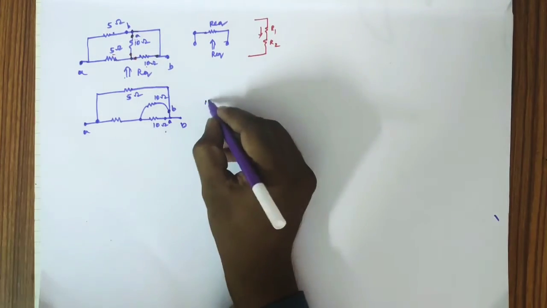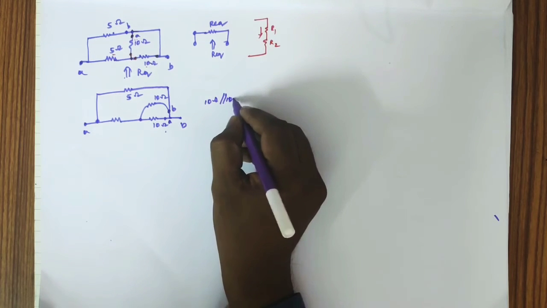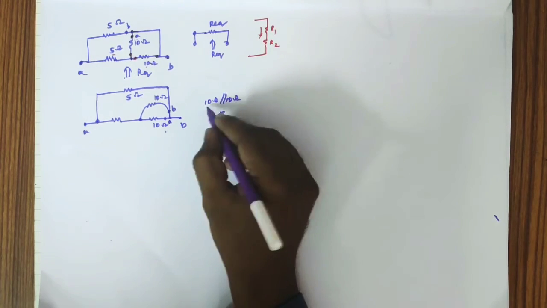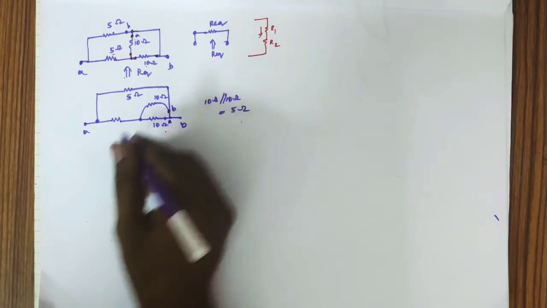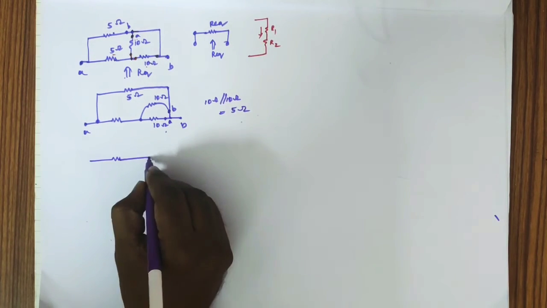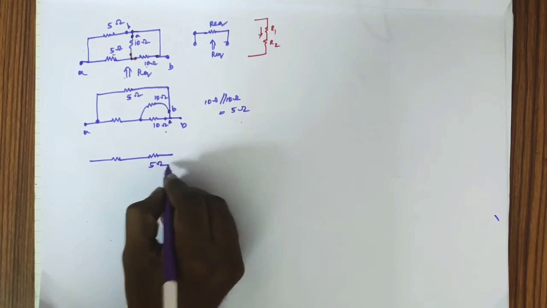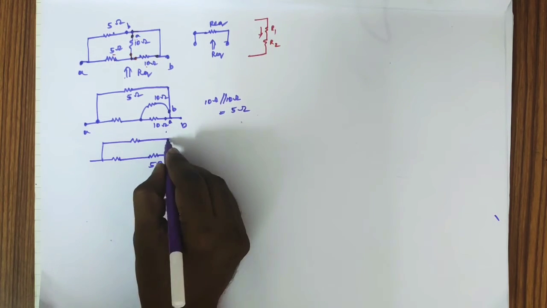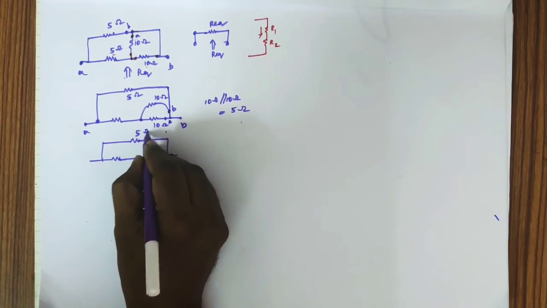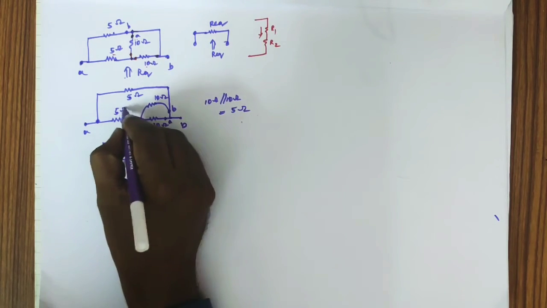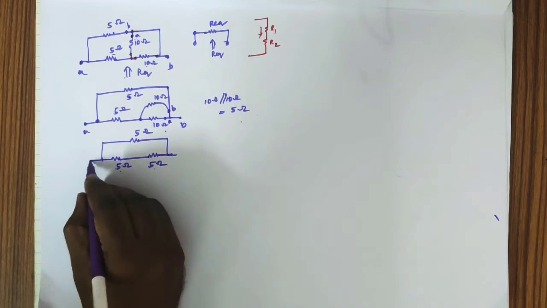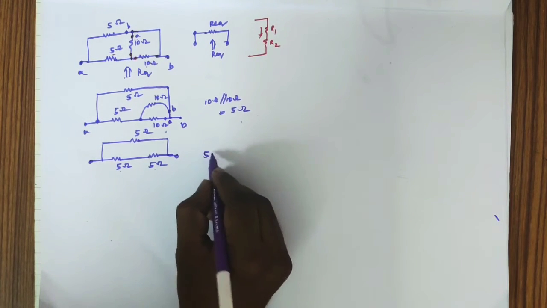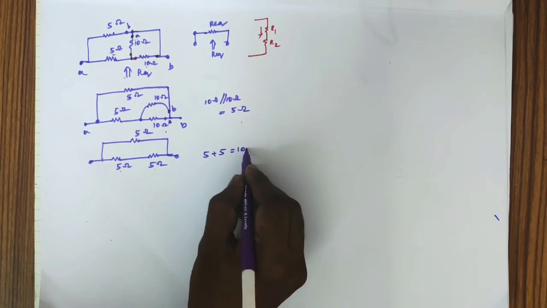These 10 ohms are in parallel. Parallel equal elements give 10 by 2, that is 5 ohms. Replace it with 5 ohms here. So this 5 ohm and this 5 ohm are in series. Straight away add them and you get 10 ohms.